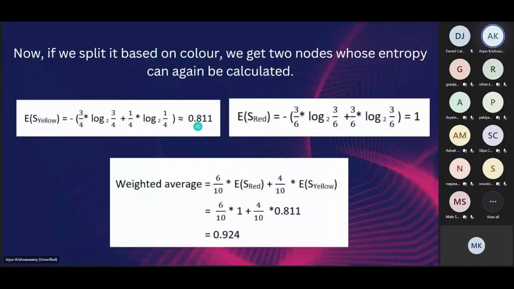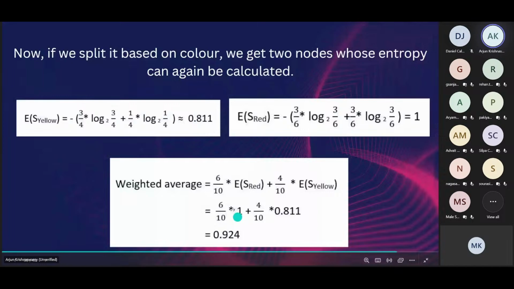1 is a very high entropy value because it contains half of the observations yes and the remaining half no. So it's very impure. This split looks like it's not going to help much, because if you find the weighted average, the entropy value is 0.924. I'm pretty sure you are familiar with weighted average, as I've already taught you.